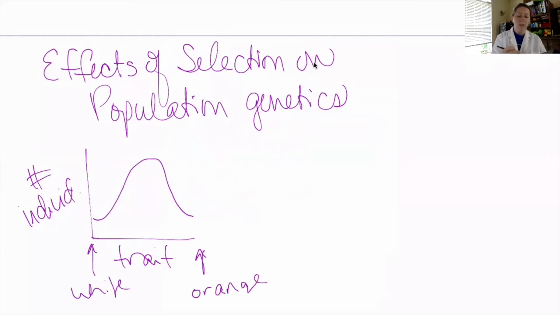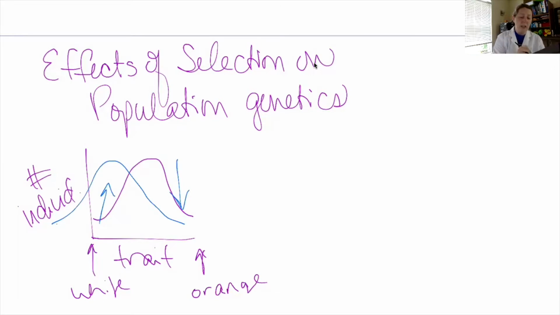What happened when we allowed natural selection to do its thing is that we got a shift of our graph. Our graph shifted away from the orange because they were being selected against, and we shifted more toward the white. So the white increased in its number of individuals, and we shifted away from the ones that were orange.